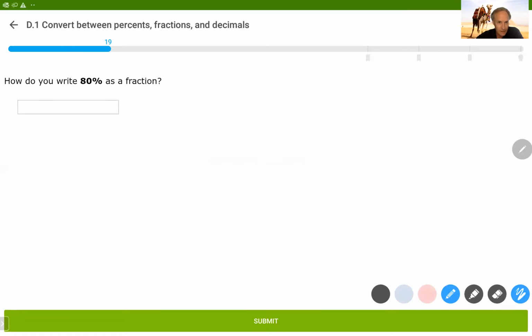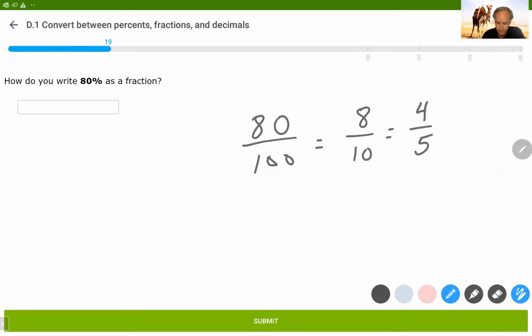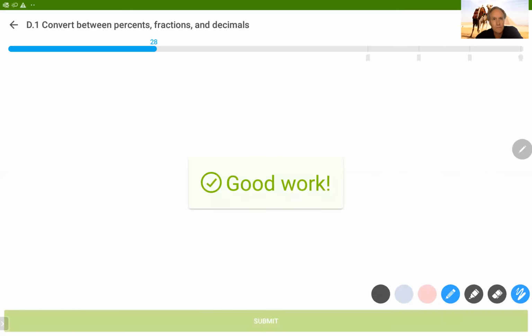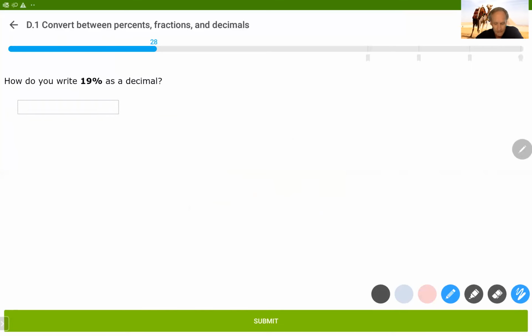80%, as a fraction. Well, this is 80%, which is 8/10 or 4/5. We generally always want to reduce fractions as far as possible. 19% as a decimal. Well, this is 19 hundredths.